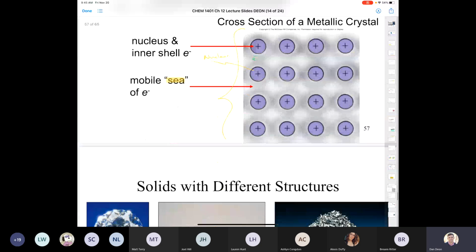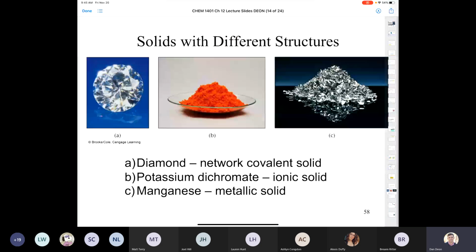Here are some different solids with different structures. What do these compounds all have in common? Diamond, potassium dichromate, and manganese. They're all solids, right? But they're different types of solids, aren't they? If we look at diamond, it's a network covalent solid. It's just a bunch of carbon atoms that are all sp3 hybridized. If I look at potassium dichromate, it's an ionic solid, isn't it?